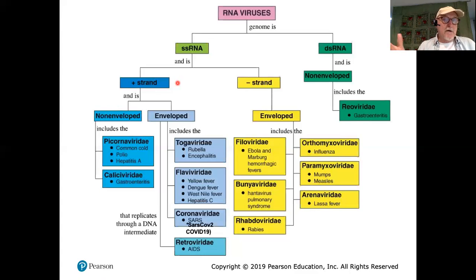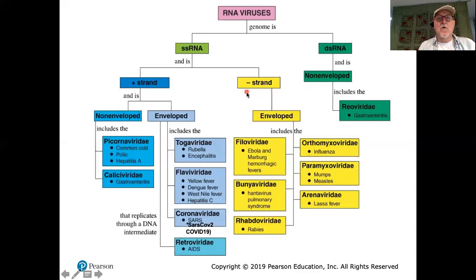It's just like messenger RNA. The other group have negative strand RNA, negative single-stranded RNA, and this needs to be copied. So you have single-stranded negative RNA. You need a copy of it that will then function as messenger RNA.